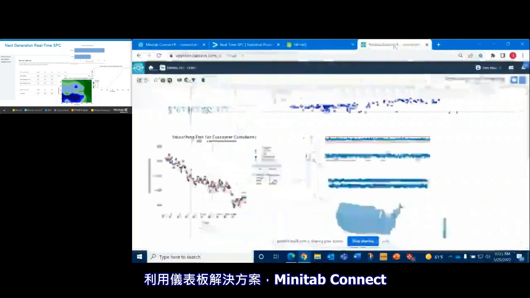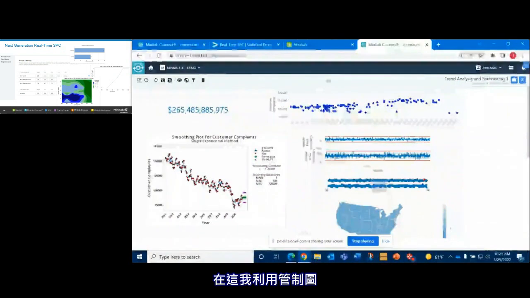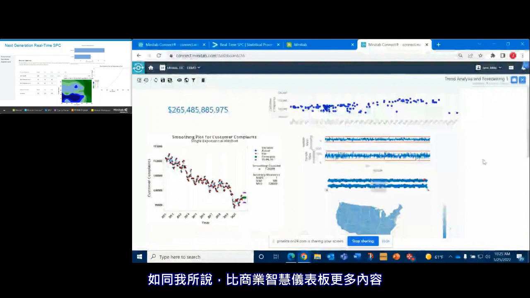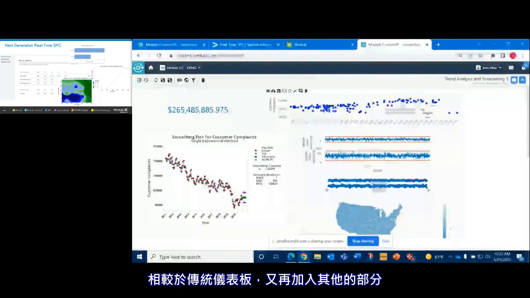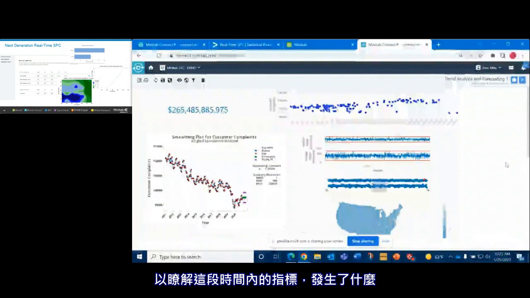Now within Minitab Connect, which is our dashboarding solution, this is where I would use those control charts in, like I said, more of a BI, business intelligence setting, or just a dashboard type setting where as part of a bigger dashboard, I can incorporate a control chart in there to really understand what's happening for certain metrics over time.